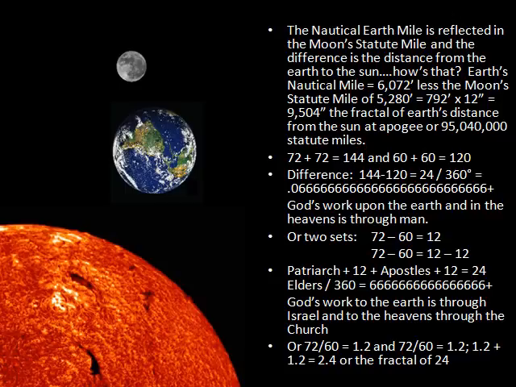The nautical earth mile is reflected in the moon's statute mile, and the difference is the distance from the Earth to the Sun. How's that?